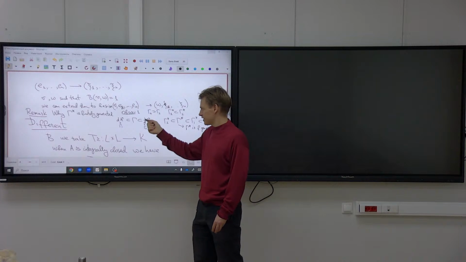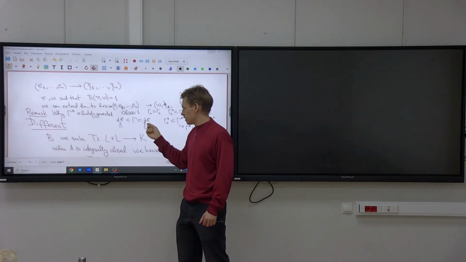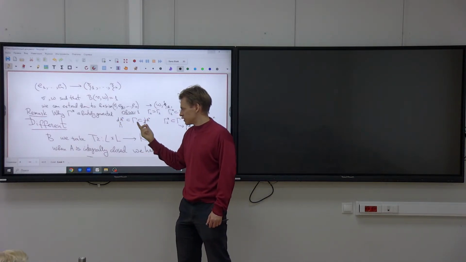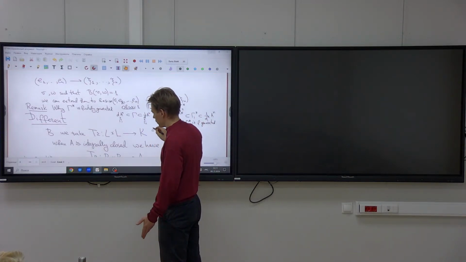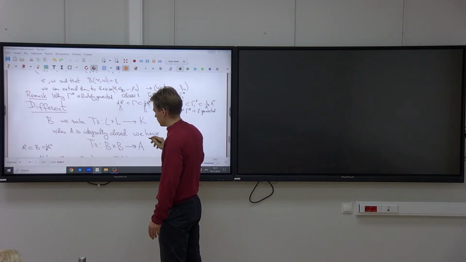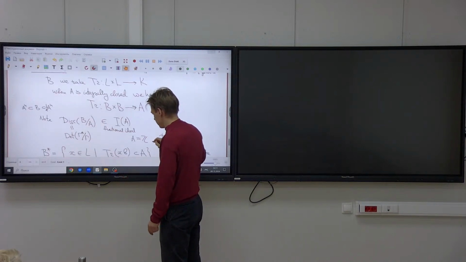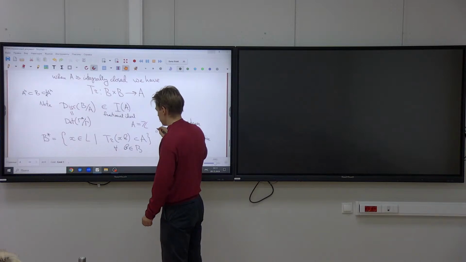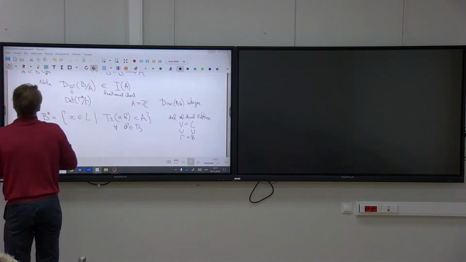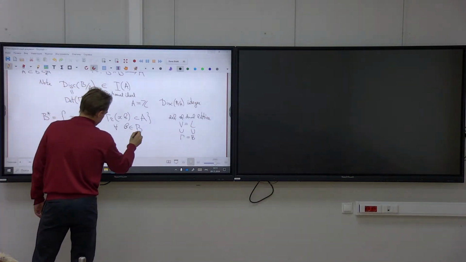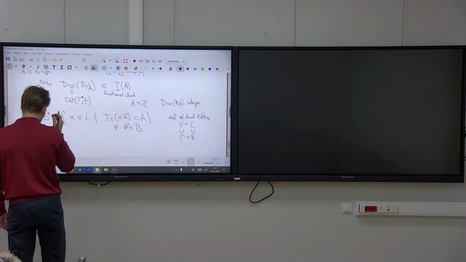This is precisely what we did in order to prove that B is finitely generated. This is just a recollection of the proof that B sits between 1 over B and so on. We have used precisely the following observation, so let me recall it. We wanted to prove that B was finitely generated.